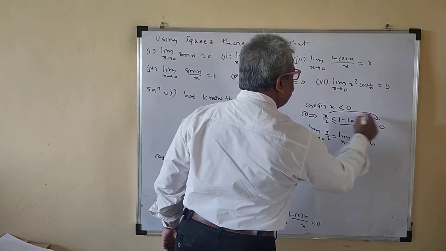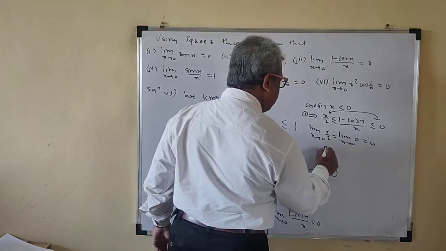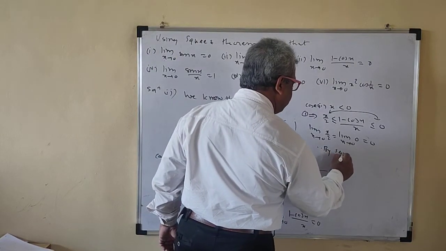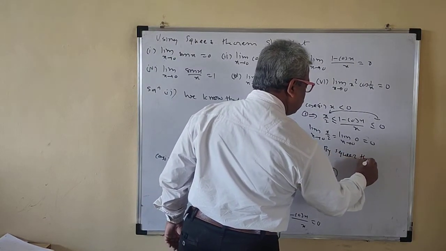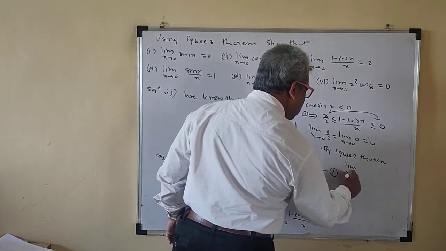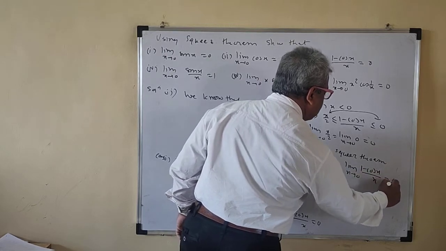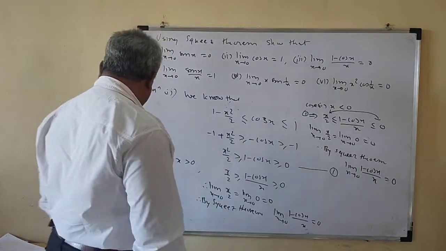So the limits of these two functions are the same. So therefore by the squeeze theorem, limit as x tends to 0 of 1 minus cos x upon x is equal to 0.